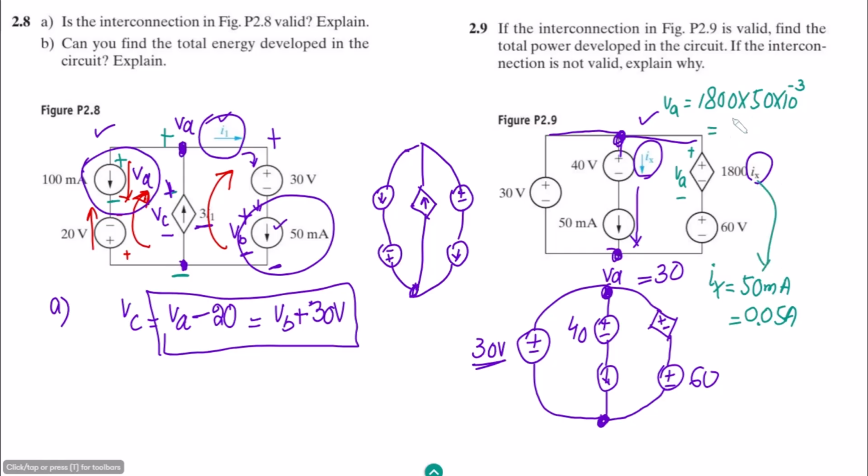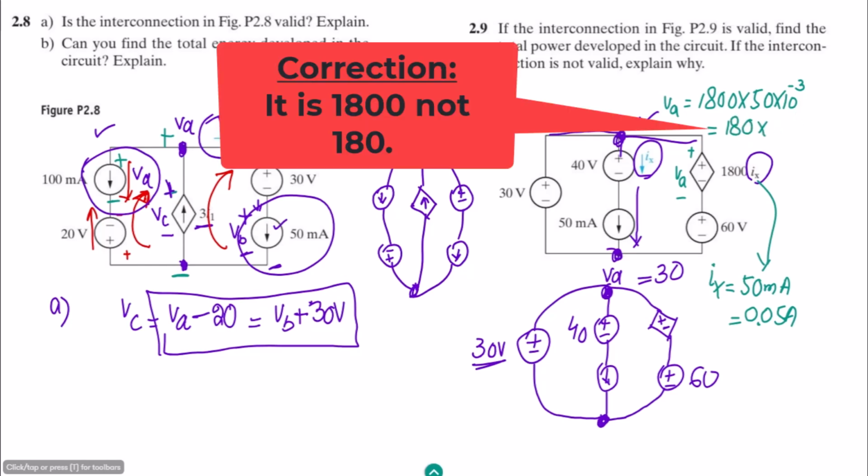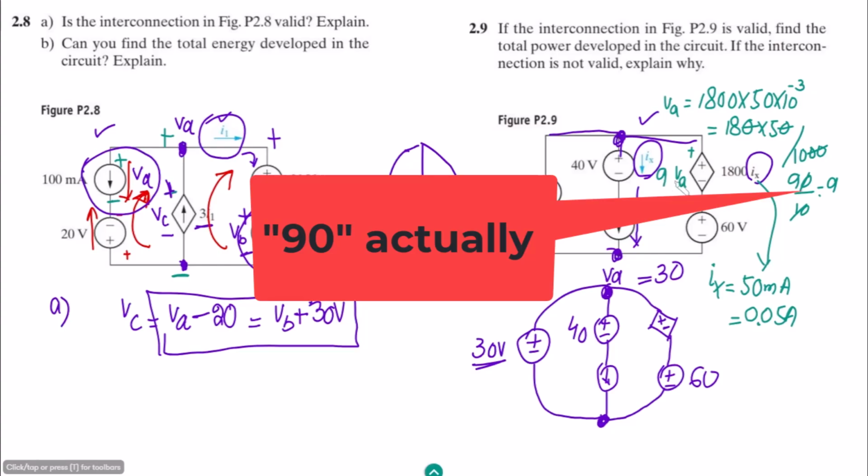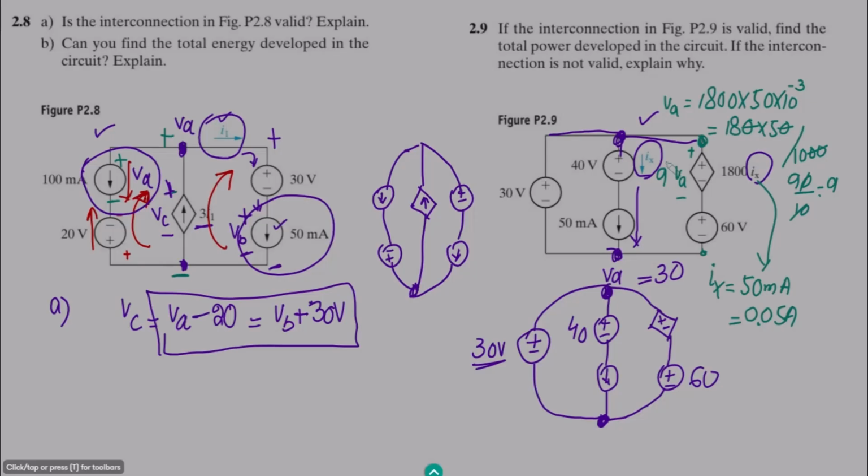So finding it out, it will be 180 multiplied by 50 divided by 1000. These two will cancel out here. 18.5 is 90 divided by 10, so this will be 9. So the voltage here is 9. Applying the KVL across this branch, let me use this one.